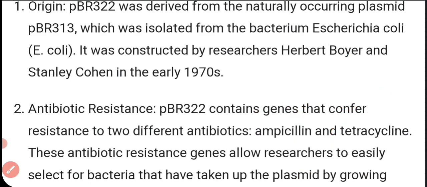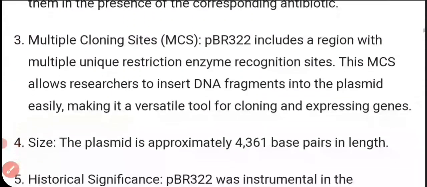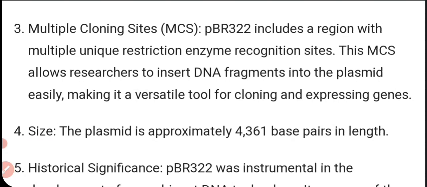Then one more facility is there, multiple cloning sites. Whenever we want to insert one gene into a vector, we need to cut the plasmid vector and insert the gene of interest. We cut the plasmid vector with the help of what?